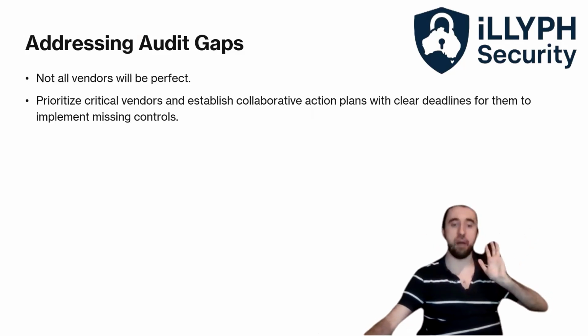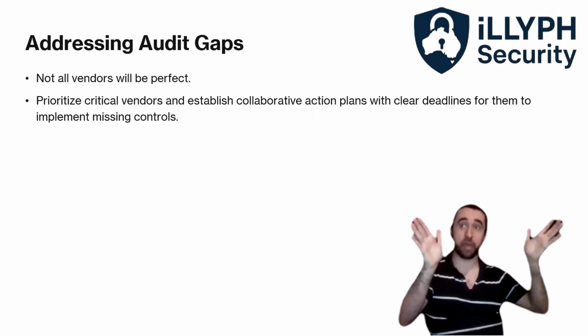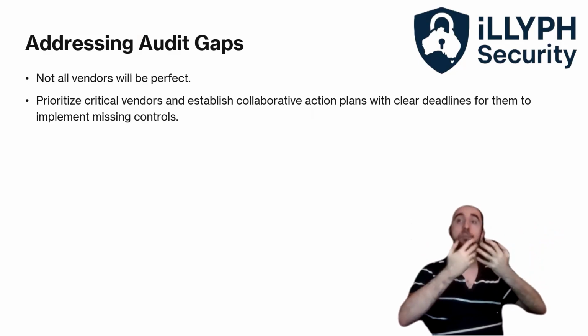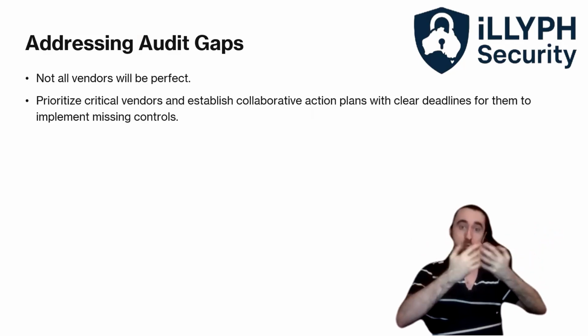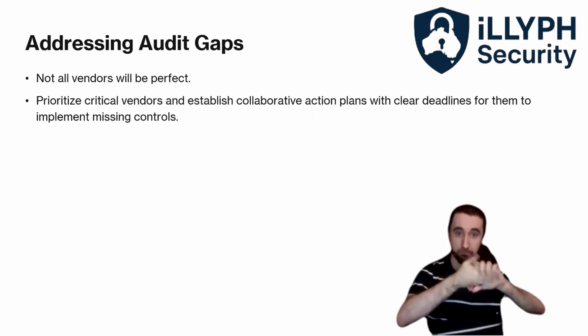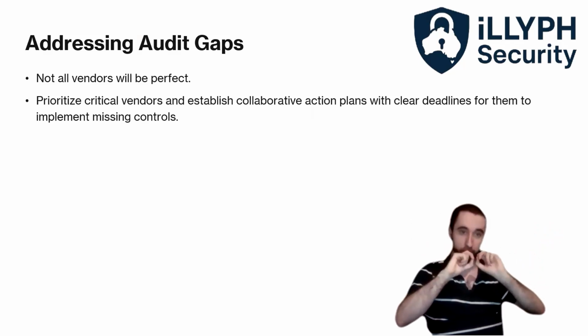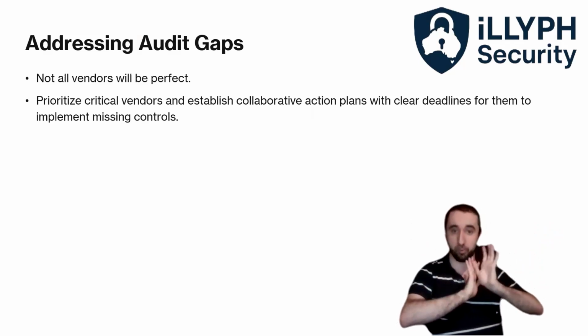Now, some vendors will have gaps, and that is completely okay. But the purpose of the audit is to find the risks early and work together to reduce that risk. We will focus on our most critical suppliers first and give the vendors clear deadlines to fix important issues.